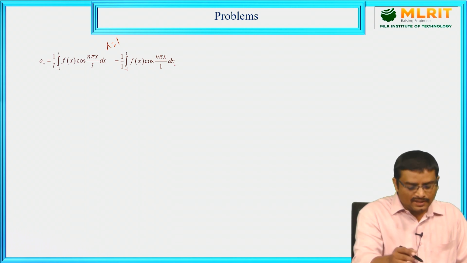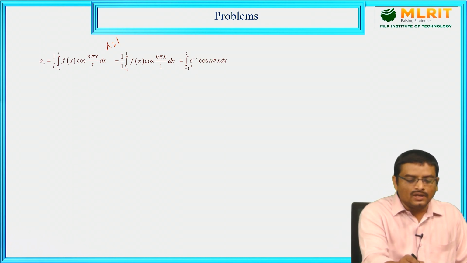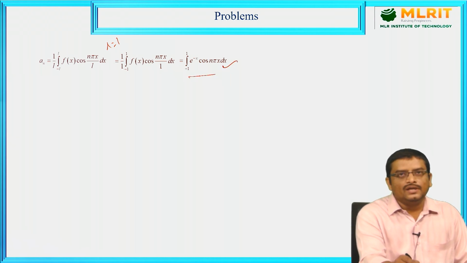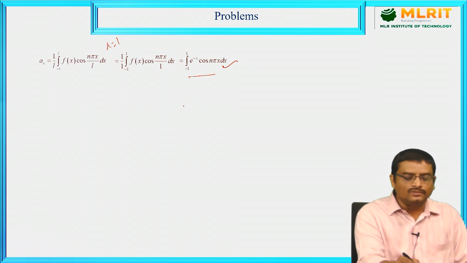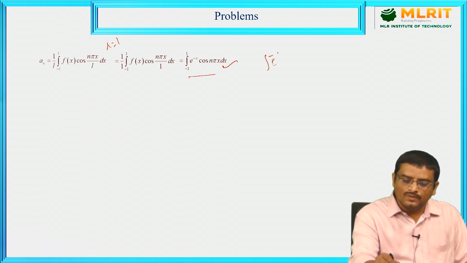In the next step, replace the value of f of x here. So that is e power minus x into cos n pi x dx. Now we have to evaluate this integral. After evaluating this integral, substitute the upper limit and lower limit, then we can get our required an value here. Now if you observe the function inside the integral, this is of the form integral of e power minus ax into cos bx dx.